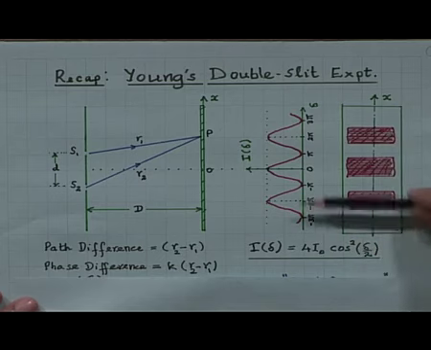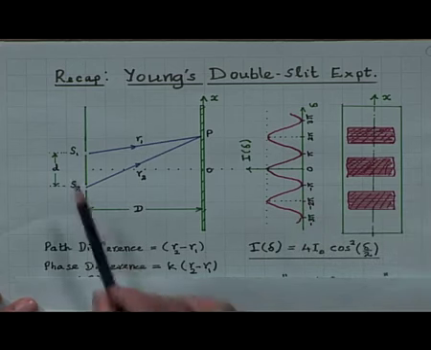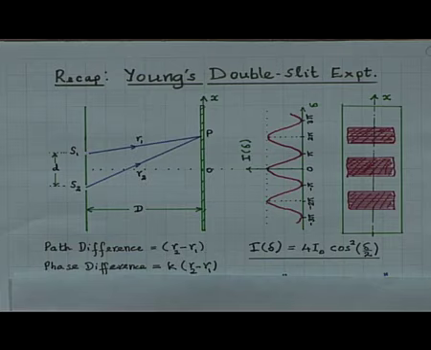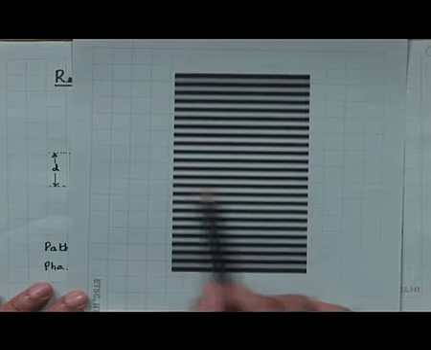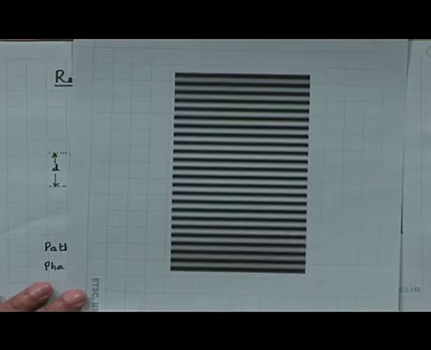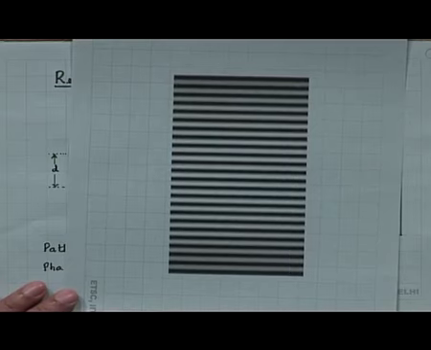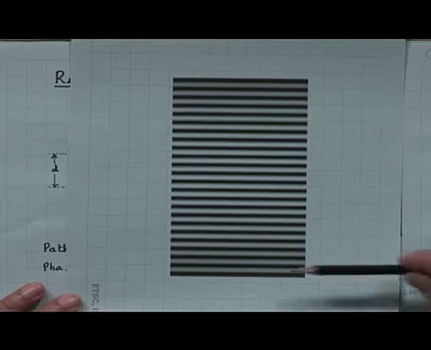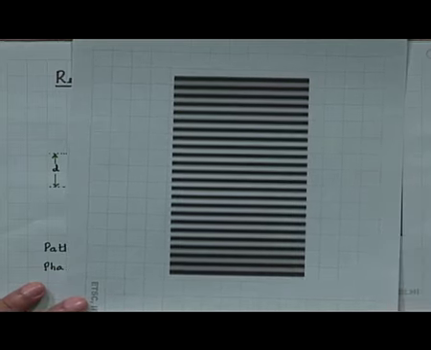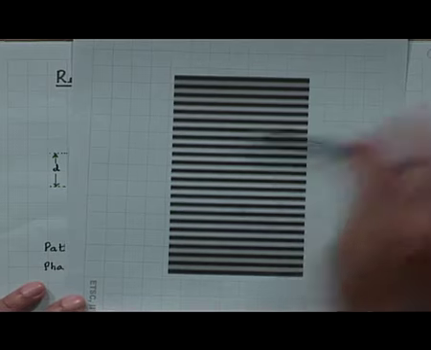So, we have bright and dark fringes in the case of the Young's double slit experiment. I also showed you a computer generated diagram here, which showed the bright and dark fringes in a Young's double slit experiment. I had taken parameters typical of an experimental arrangement, and then I calculated these fringe patterns which are shown here.